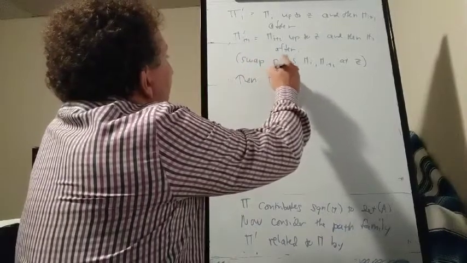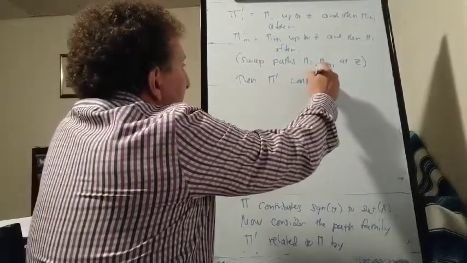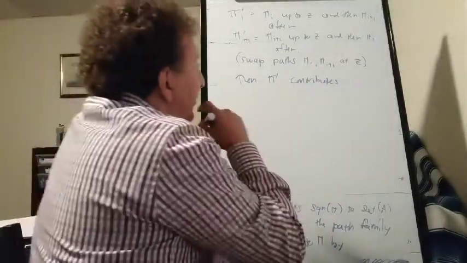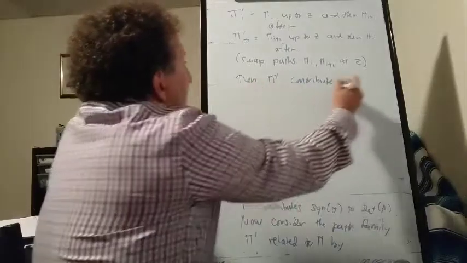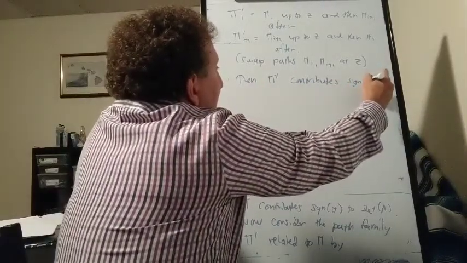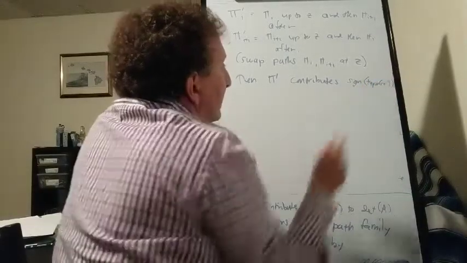So then pi prime is counted somewhere in the determinant, and it contributes sign of the type of pi prime, whatever that is.